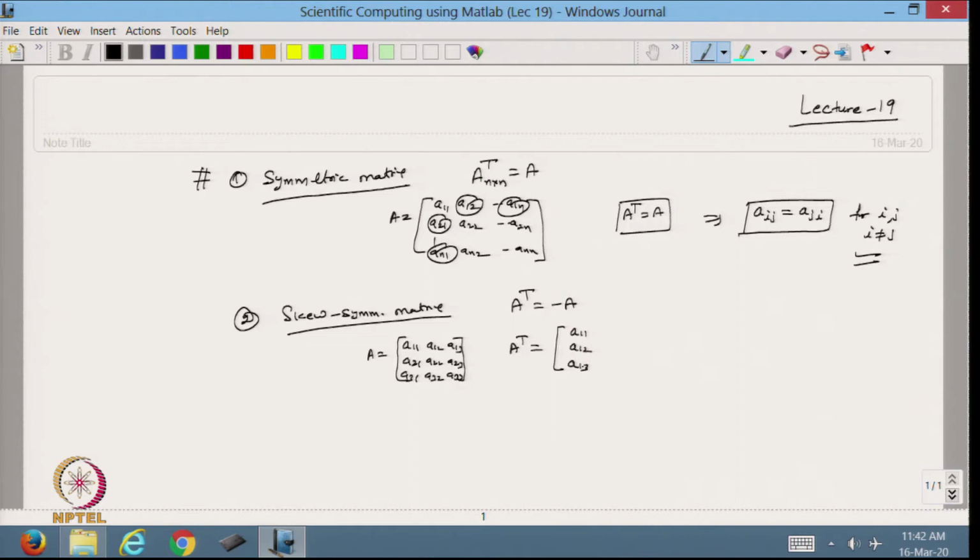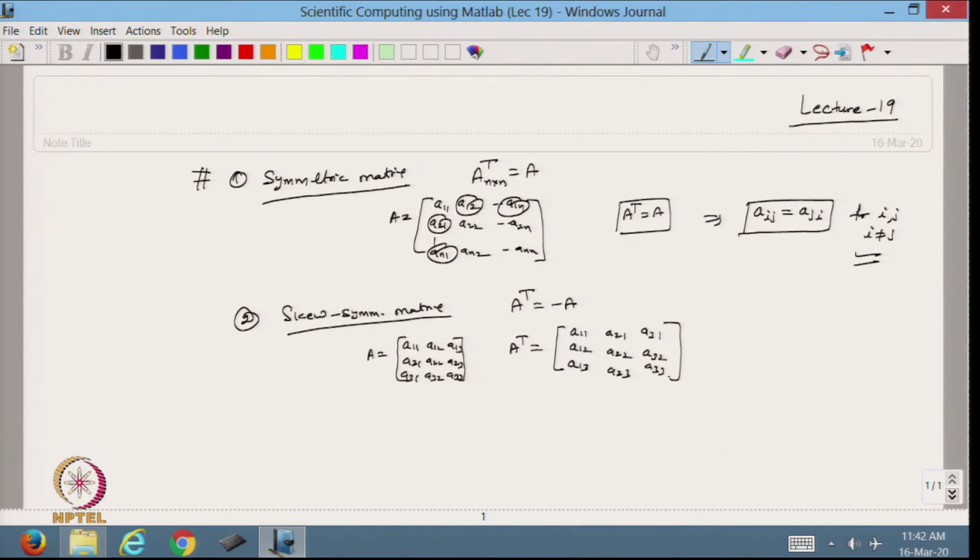The transpose has A12, A13, A21, A31, A22, A33, A32, A23.